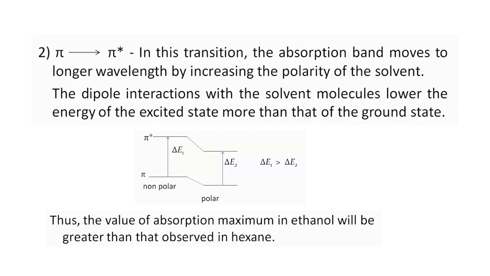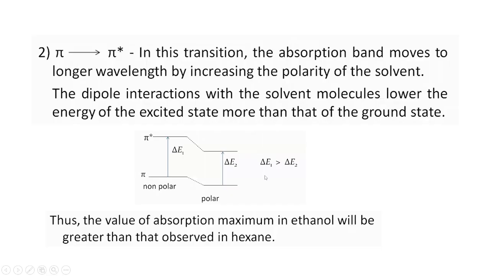And when this alpha beta unsaturated carbonyl compound is in a polar solvent, by hydrogen bonding with the polar solvent, in the pi to pi star transition, the ground state pi orbital as well as the pi star orbital are both stabilized, and here delta E2 is lesser than delta E1.